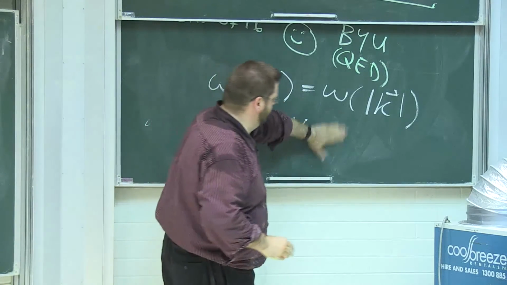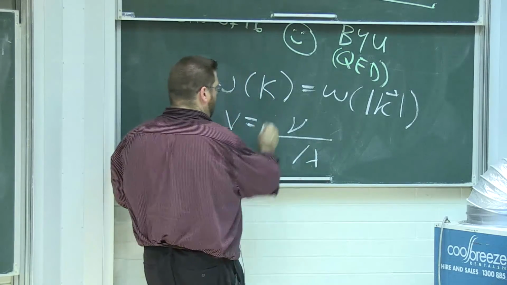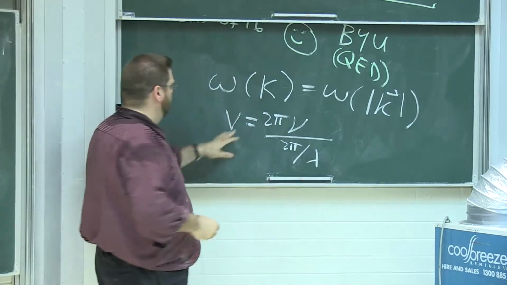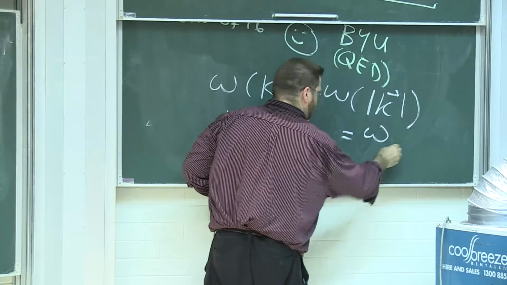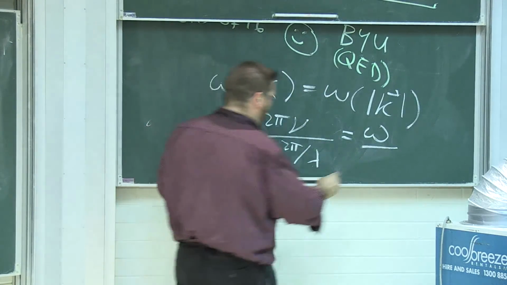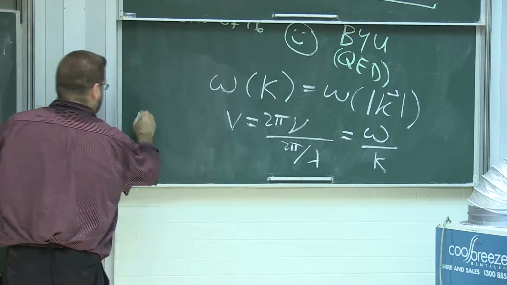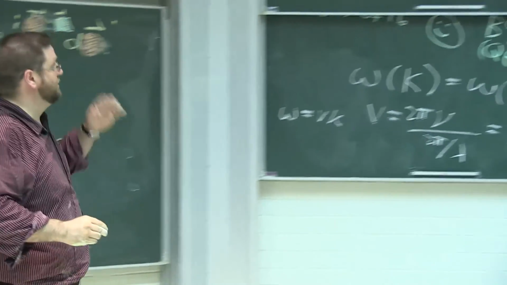Instead of putting the wavelength in the numerator, I can have 1 on the wavelength in the denominator. I can multiply numerator and denominator by 2 pi, and I'll get that the velocity equals 2 pi times the frequency, which is the angular frequency, divided by 2 pi on lambda, which is k. Hence omega equals vk, which proves that omega is a function of k.